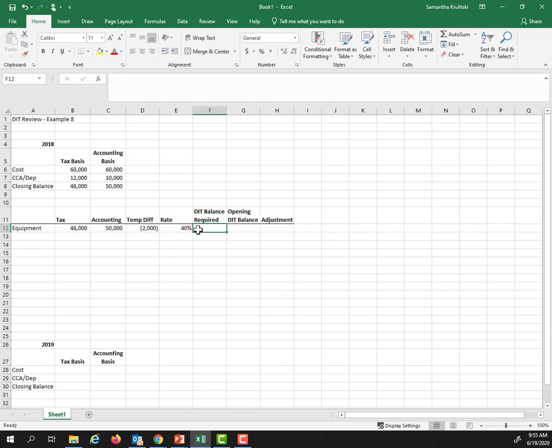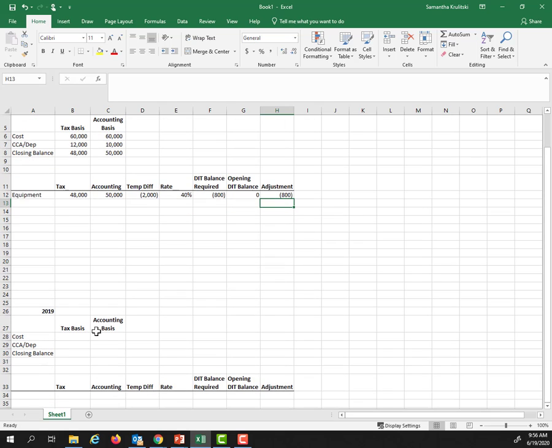So our DIT balance that we're requiring is this $2,000 credit difference times the 40%, so we need a credit balance of $800. But we need to consider our opening balance. This is the first year, so our opening balance is 0. Our adjustment, our DIT balance required less our opening balance, is $800.